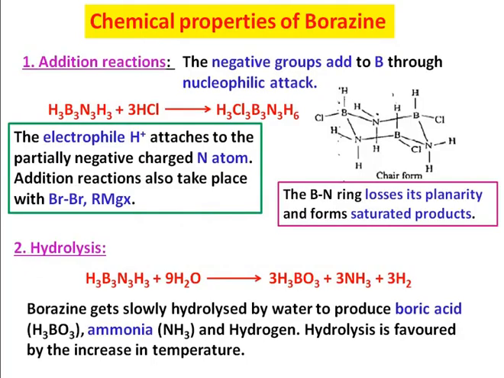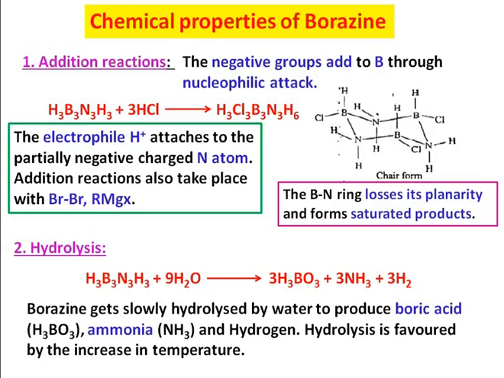Now the chemical properties of Borazine. Because of the bond polarity of the boron-nitrogen bond, Borazine readily undergoes addition reactions, and the negative groups add to the boron atom through nucleophilic attack, and the electrophile attaches to the nitrogen atom.